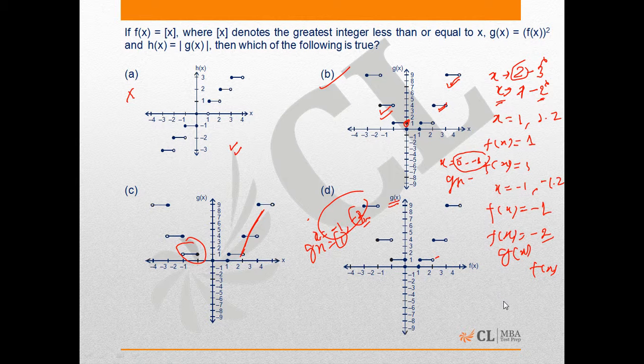We know that the value of f of x can be only an integer, it cannot take any other value apart from integer. Consequently the value of g of x will also be points or integers only. So this graph would not hold because it shows continuous regions. Therefore option B is the correct answer.